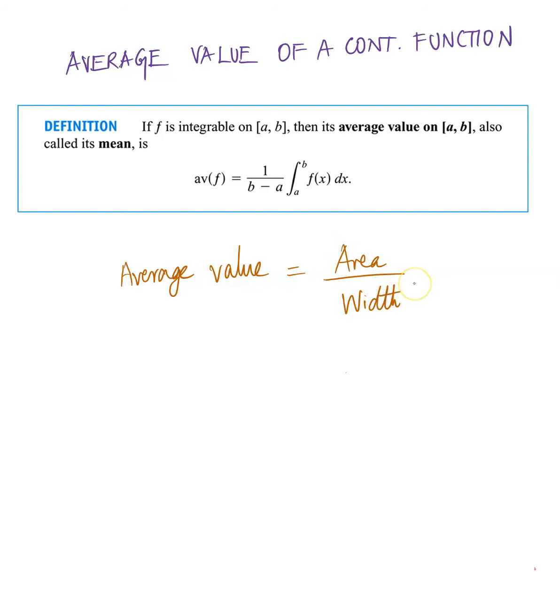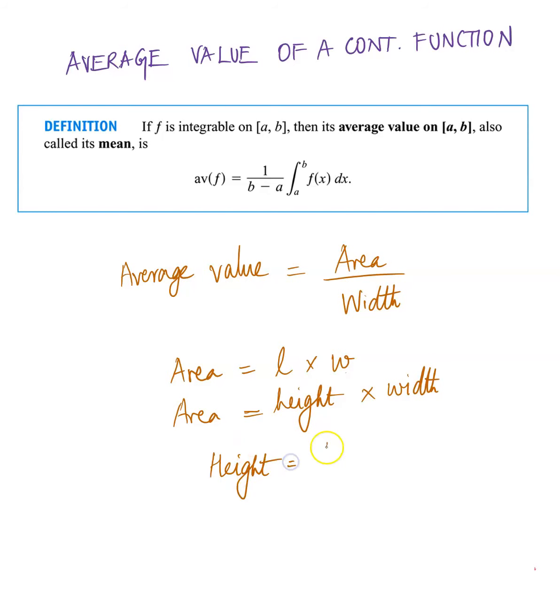And if you recall, this actually came from rearranging the formula for area, which is length times width, but we saw the length more as a height. And so height is nothing but the value where the height is attained. So that's the average value. So if you solve for height, you will divide both sides by width, and that's how we got area over width. And then this height is nothing but the average value.